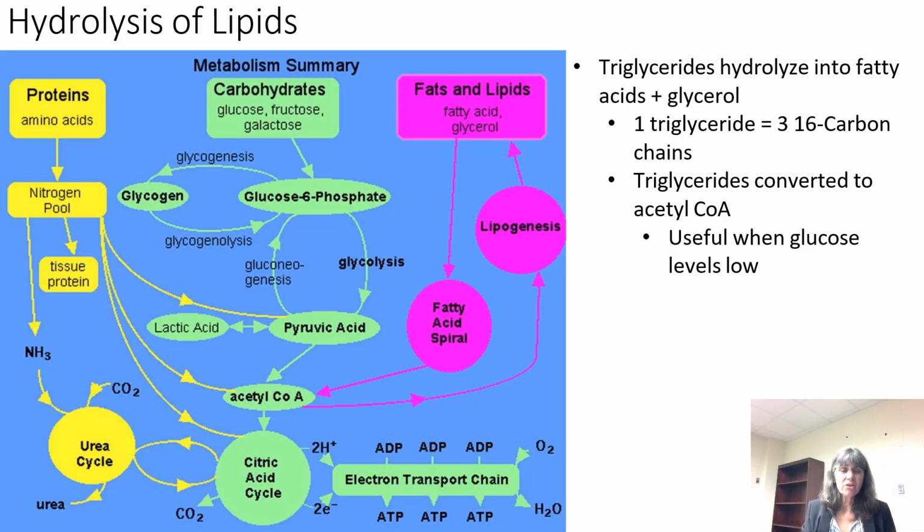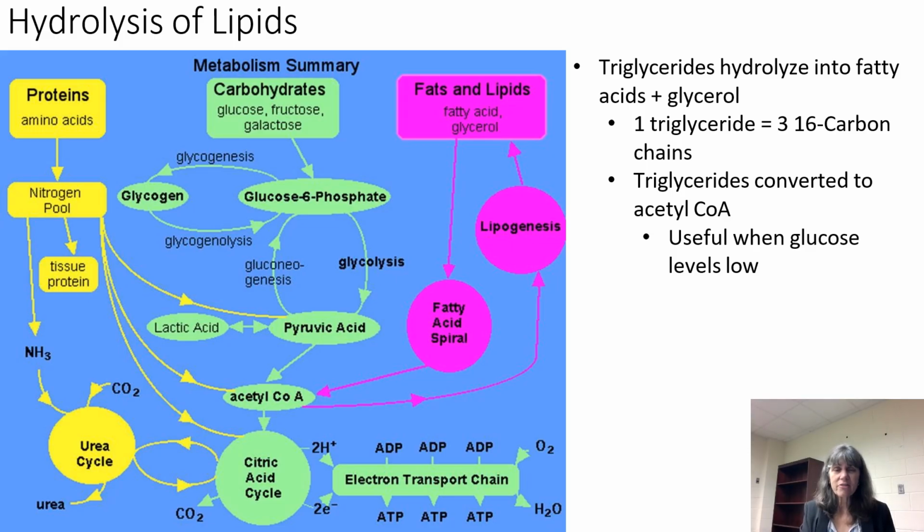However, the urea can also contribute to the citric acid cycle. There are ways that that can happen. And then we see that carbohydrates are going to contribute to the citric acid cycle. We already went over that.